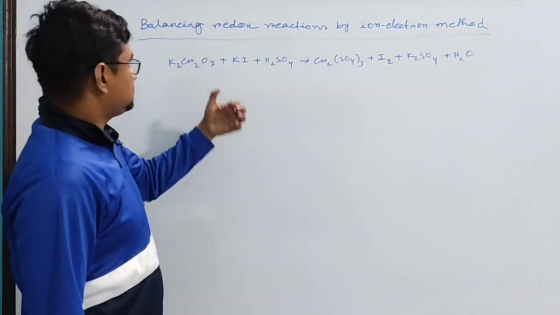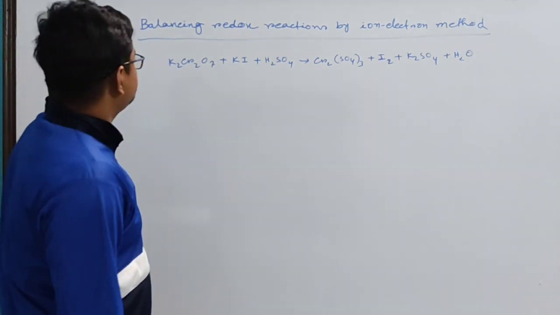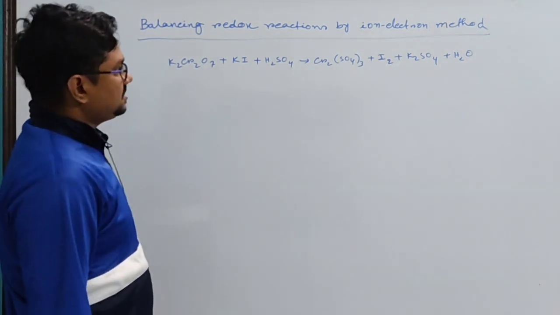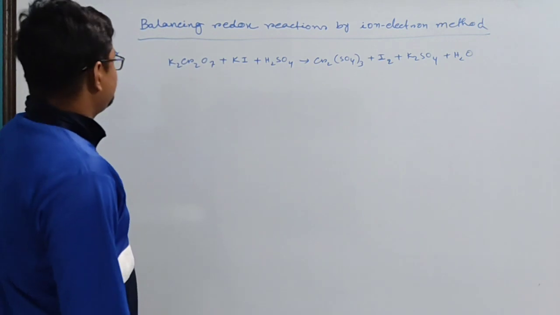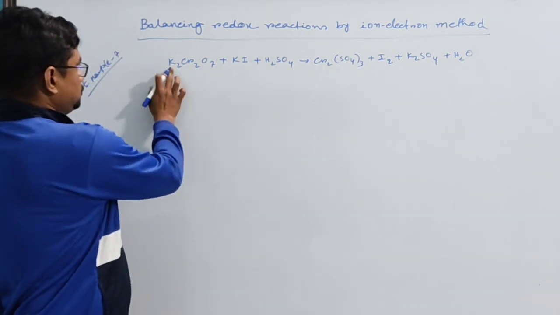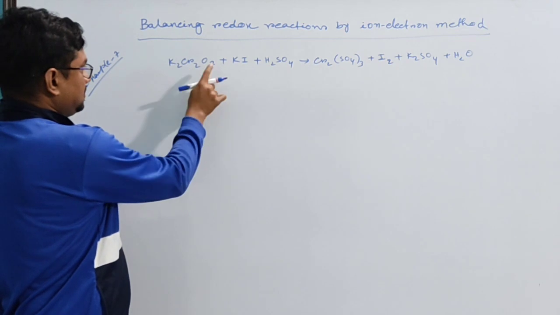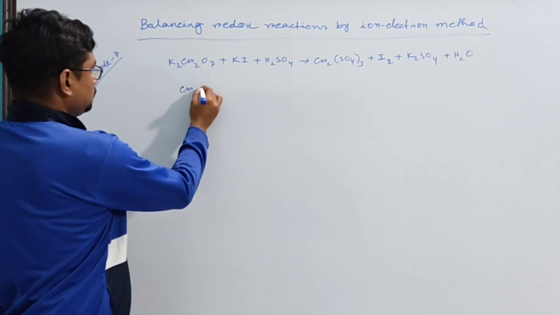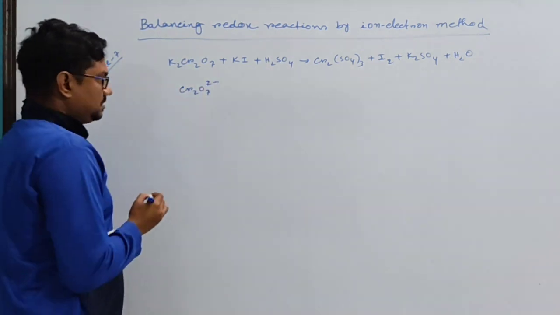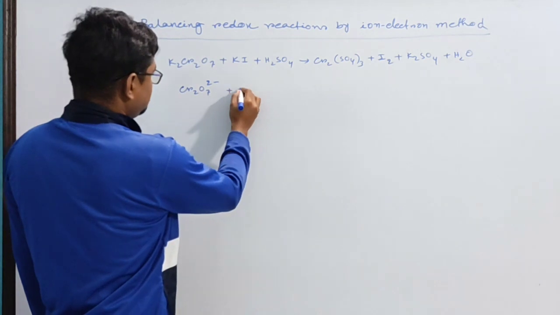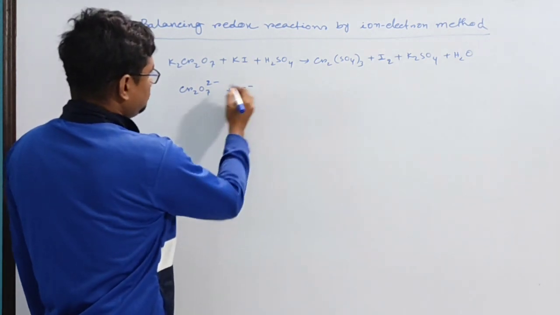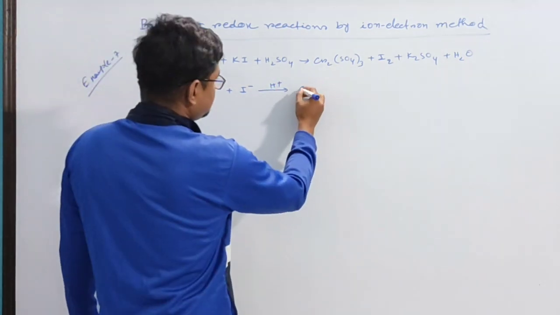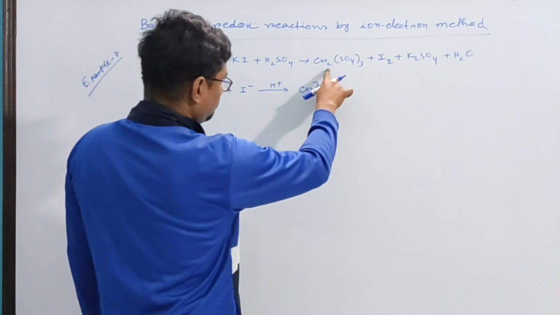Okay, we will balance this reaction by ion-electron method. So as I said in my earlier videos as well, we should first write the main changes in the ionic form. Here 2 K plus ions are there and the dichromate ion, that is Cr2O7 2 minus ion, and here K plus and I minus, so it will be I minus in presence of H plus giving Cr3 plus from chromic sulfate.